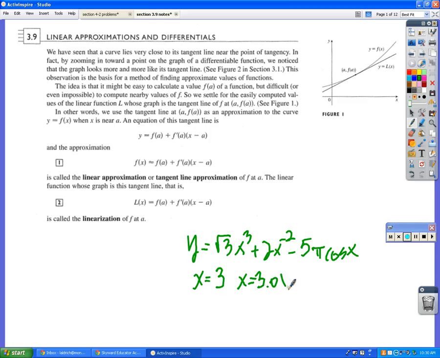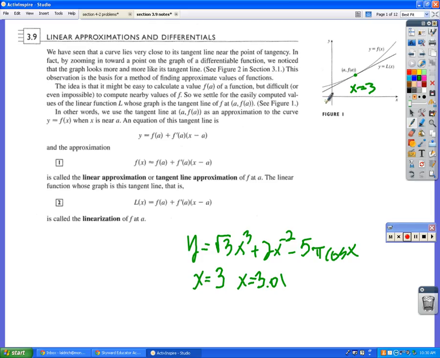Well, what we're going to do is look at the tangent line at x equals 3, or whatever it is. And since the tangent line is really close to the curve at all of the points right around x equals 3, instead of plugging x equals 3.01 into this whole crazy function, let's just plug x equals 3.01 into the equation for the tangent line.